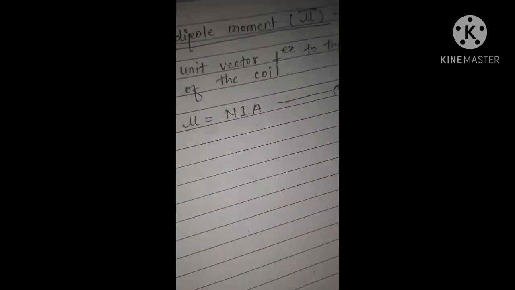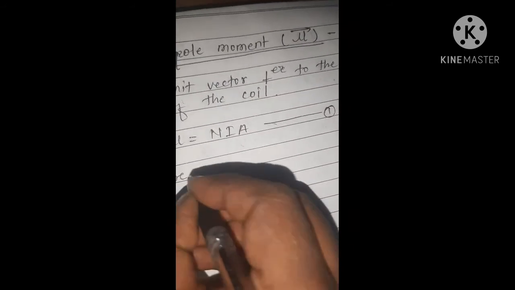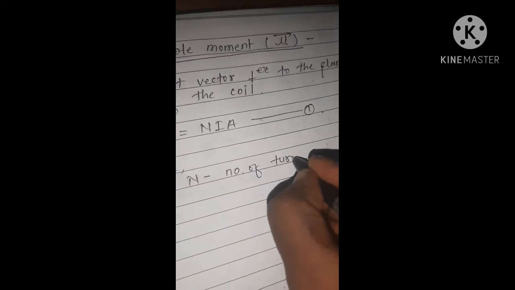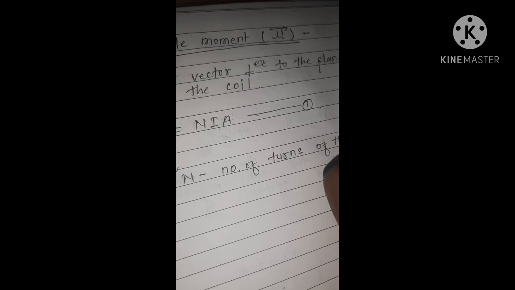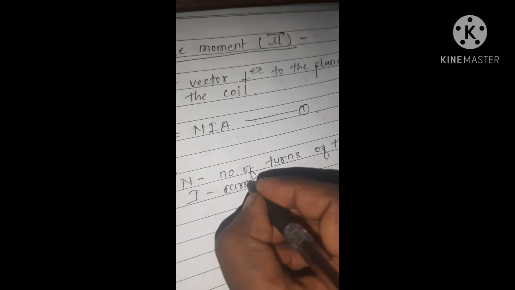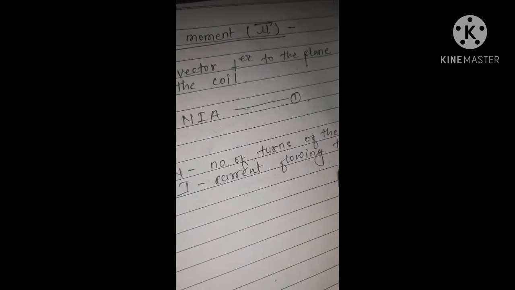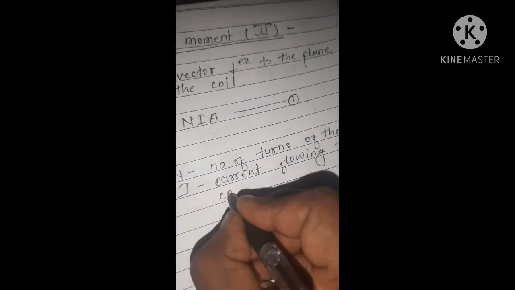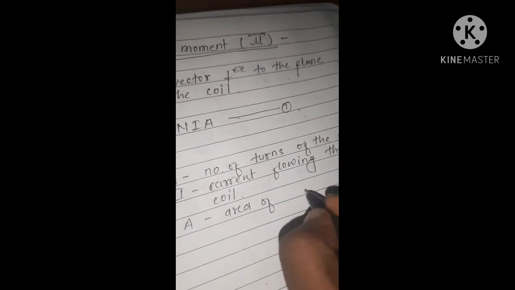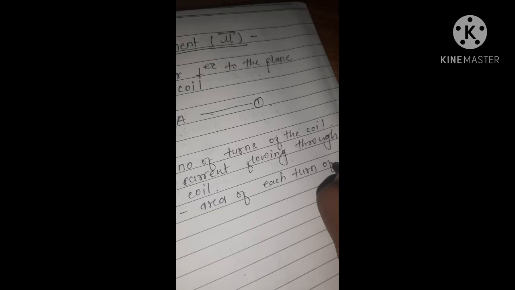Suppose equation number 1, where N be the number of turns of the coil and I be the current flowing through the coil, and A be the area of each turn of the coil.